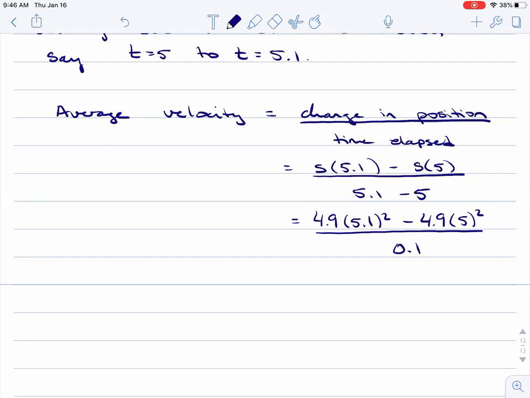If I do this on my calculator, I get 5.1 squared times 4.9.